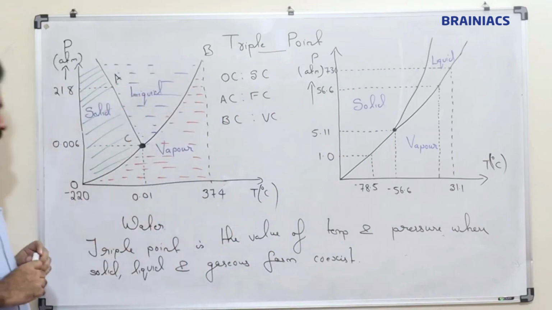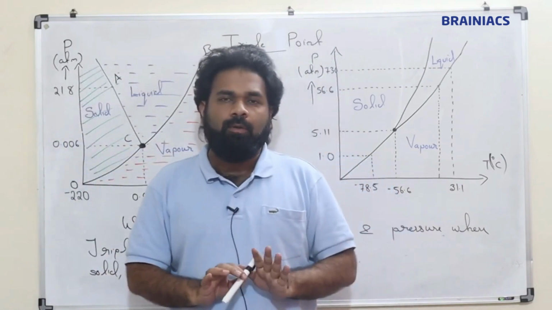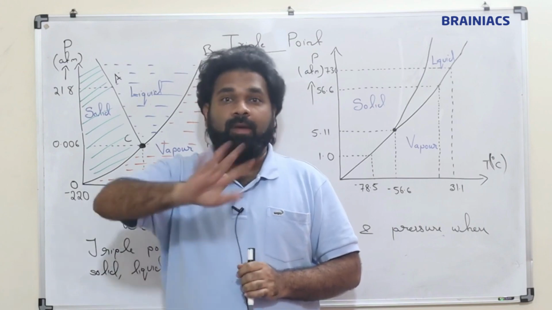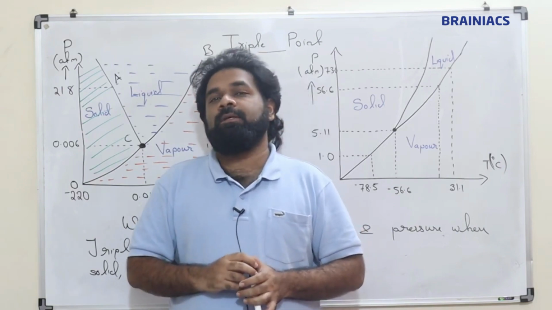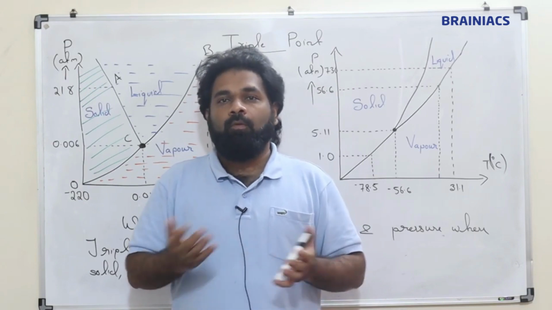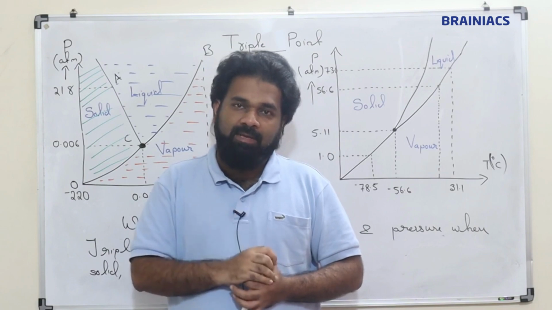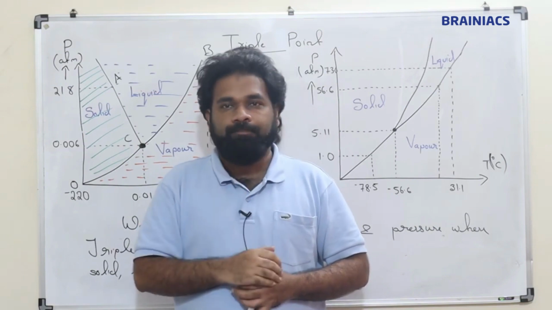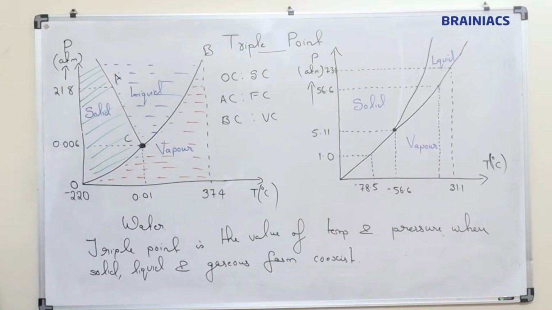This graph is of water, and we know at 1 atmospheric pressure, the normal pressure, at 0 degree Celsius or at minus 5 degrees Celsius, minus 10 degrees Celsius. At minus 10 degrees Celsius, at 1 atmospheric pressure, what will be the form of water? The form of water is solid, ice. Let us see that here.